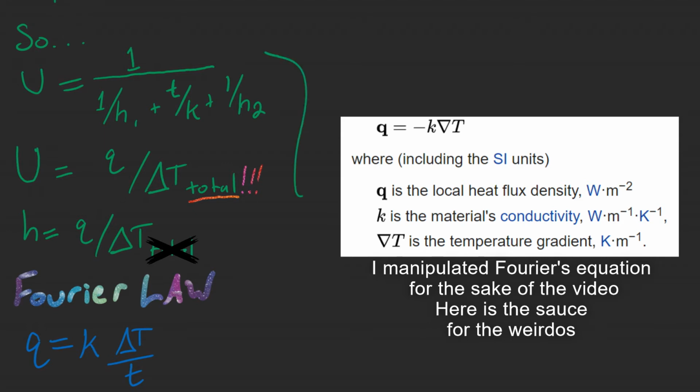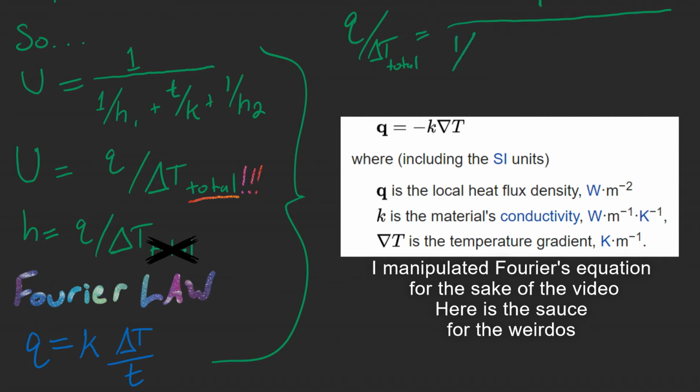This law will be important later, so will Fourier himself. All these variables are going to get us going on our new equation, which is just rewriting U. Nothing new, just plugging these variables into the original U equation.